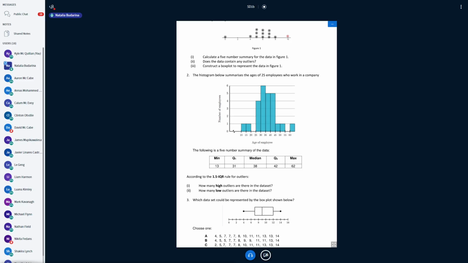Please, now find the values Q1 minus 1.5 multiplied by IQR, and Q3 plus 1.5 IQR. Please find for me these two values for the given data.